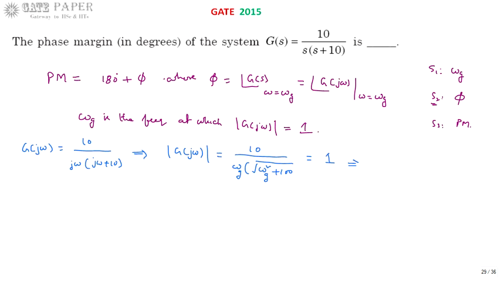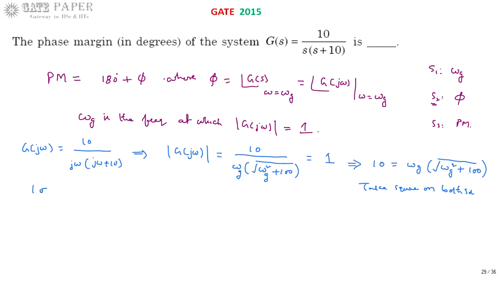Taking the denominator to this side, we get 10 equal to omega G times the square root of omega G square plus 100. Take square on both sides.